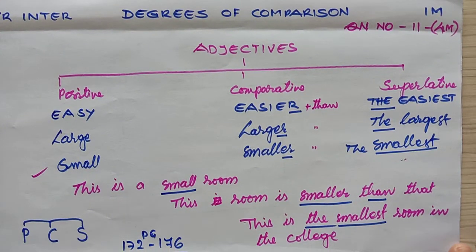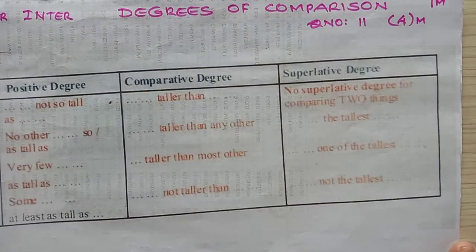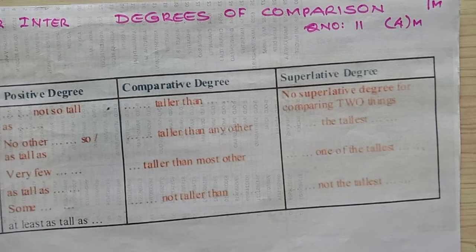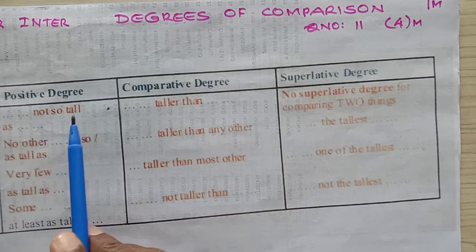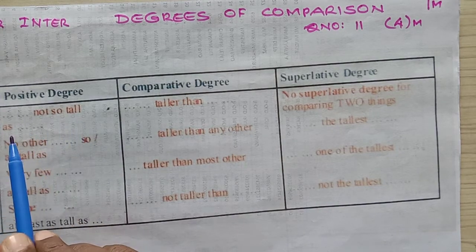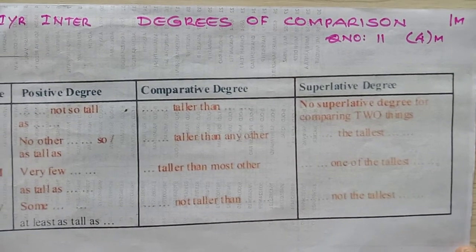Okay students, now shall we see the table now? Yeah, the table is for you now. Now, if a sentence, there are 4 types. Positive degree: not so tall as.